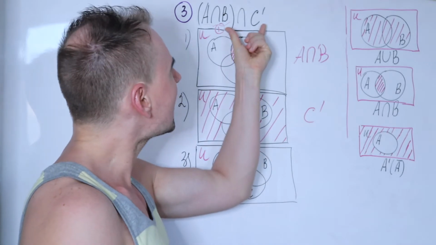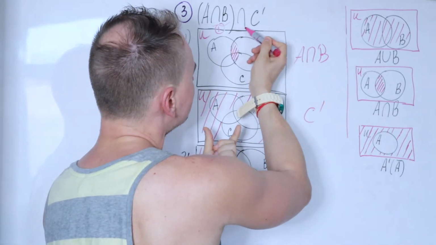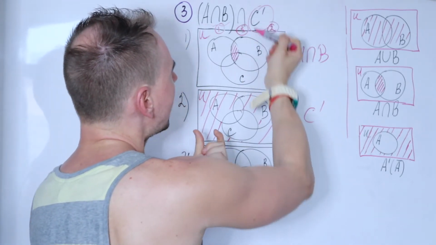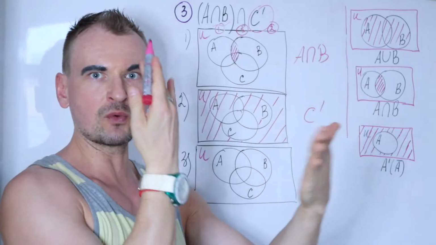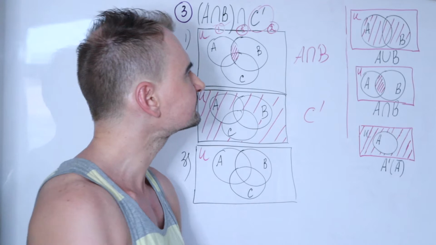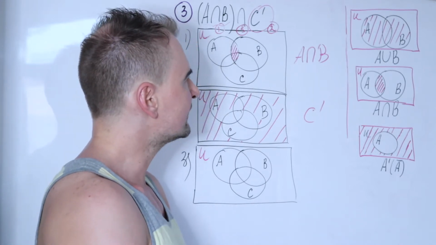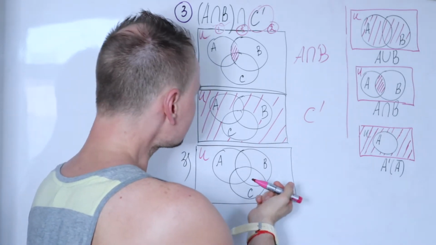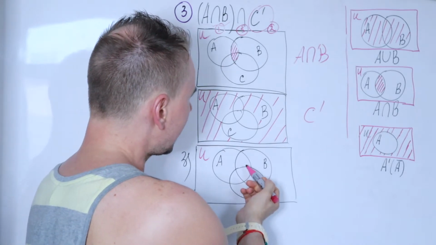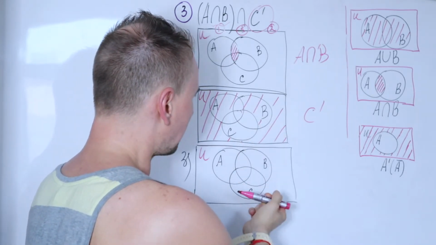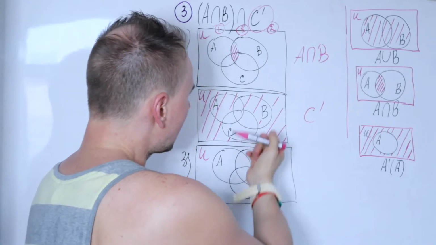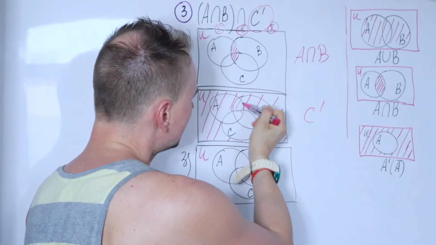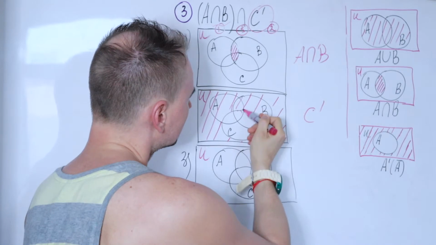And finally, the last step. Let's call this the second step. And the last step, we are going to find the intersection. So we are going to overlap. We are going to find the common part between these two sets we found before. So A intersection B and this C prime. So the common part, if you look at these two pictures, it's going to be this small part, this one.